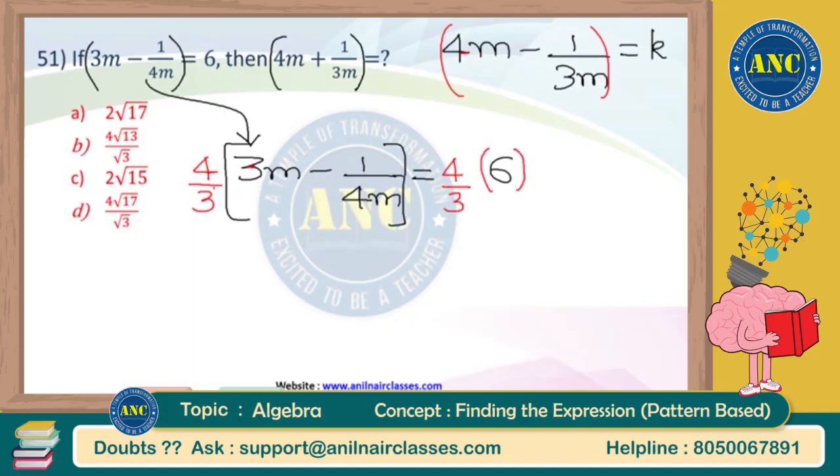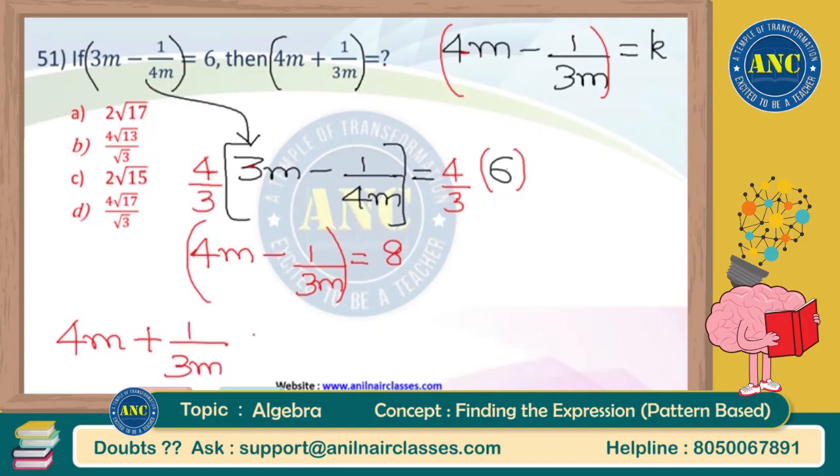That means the left hand side becomes 4m minus 4 by 3 into 1 by 4m, which is 1 by 3m. Right hand side is 4 into 6 divided by 3, which is 8. I know the value of 4m minus 1 by 3m as 8.